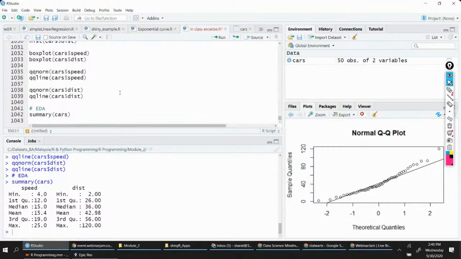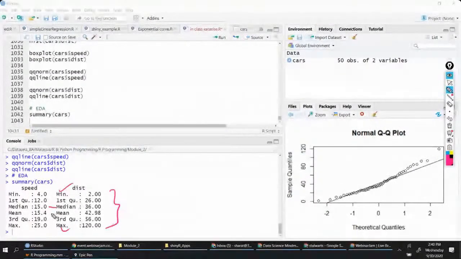When I did summary, you can see it calculates a five-point summary output, like your box plot. It gives us minimum, maximum, it also identifies the median, the mean, the 25th quartile and 75th quartile.